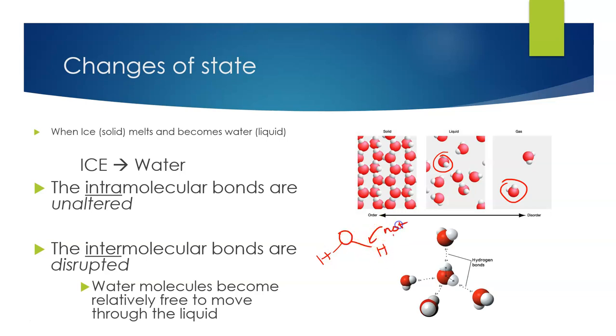This is not broken. What we are breaking is the intermolecular forces between water molecules so that they can spread out, so form a solid, then more so with a liquid and are able to move freely. And then finally, when we're a gas, where there's virtually no interactions between the particles at all.